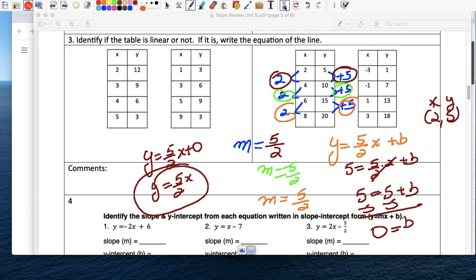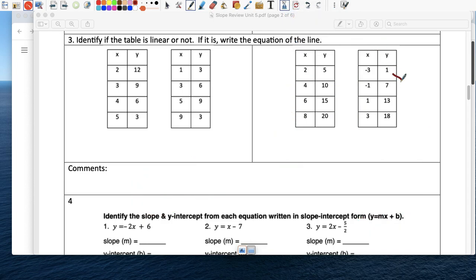Okay. Next one. 1 to 7 is plus 6. 7 to 13 is plus 6. 13 to 18 is plus 5. Negative 3 to negative 1 is plus 2. Plus 2. Plus 2. Hopefully you can see that the slope is not going to be the same. If you do 6 divided by 2, change in y over change in x, you get 3.